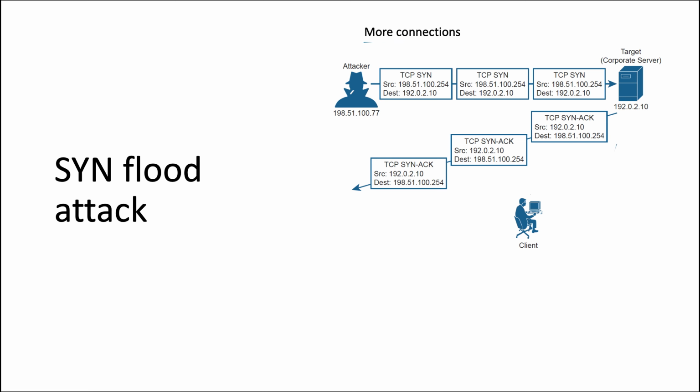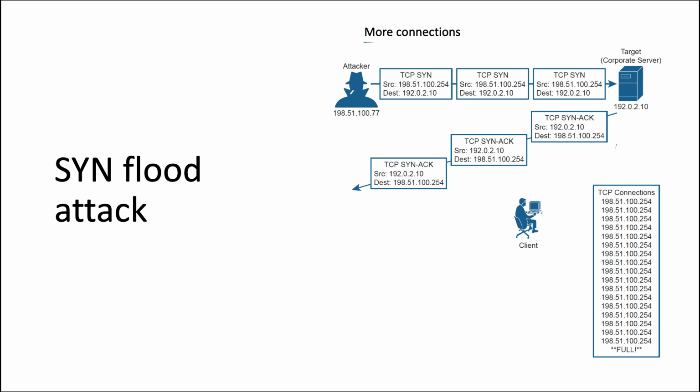As the attacker tries to open more and more abnormal connections at an increasing rate, the server resources become tied up with half open connections and it becomes unable to process any legitimate connection requests from other clients.